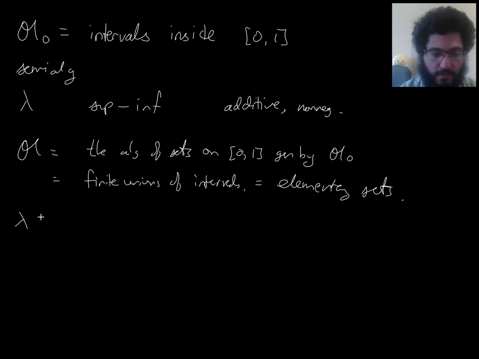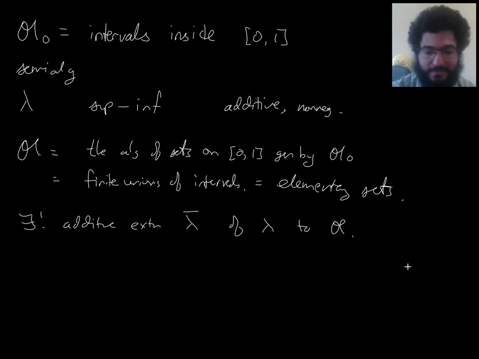Then there's a unique additive extension, lambda bar, of lambda to A. That was proposition 1.3.10, that you can extend additively from a semi-algebra to an algebra.